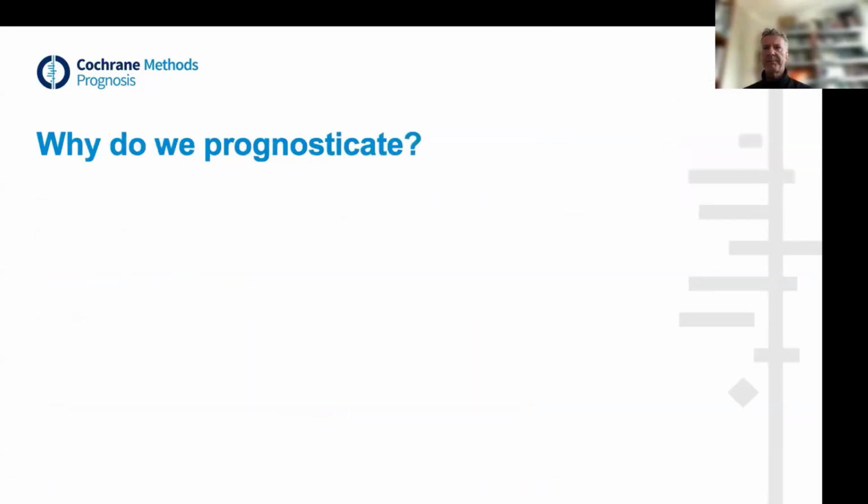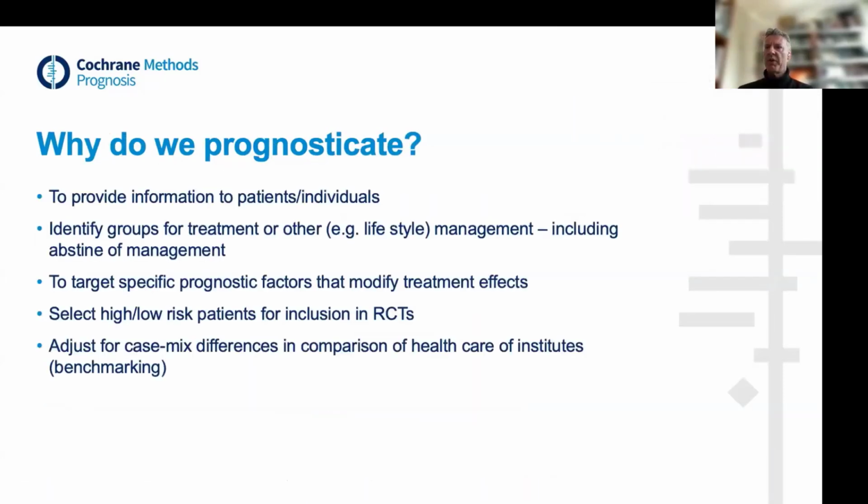Next slide, please. Now, why do we prognosticate? I think this is clear to most of us: simply to provide information for counseling to patients, clients, individuals, to identify groups for treatment or other lifestyle management, simply to make lifestyle or management or treatment decisions, including no management at all.